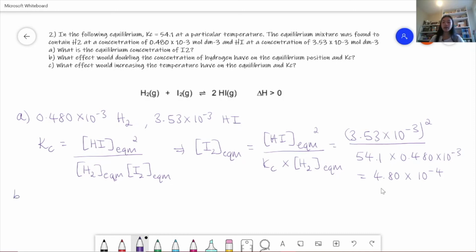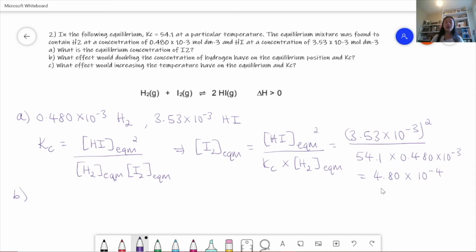So for B, what effect would doubling the concentration of hydrogen have on the equilibrium position and Kc? If we doubled the concentration of hydrogen, by Le Chatelier's principle, the equilibrium would move to counteract that change. So it tries to decrease the concentration of hydrogen, and the way it does that is to produce more products.